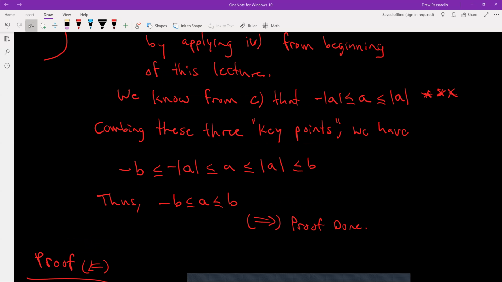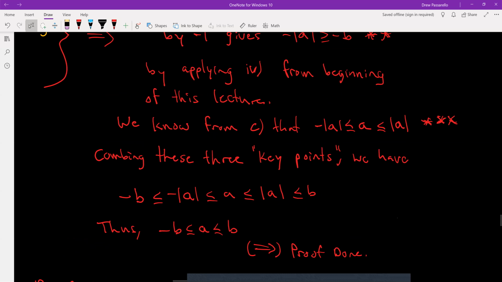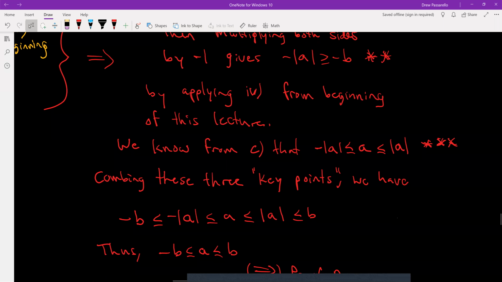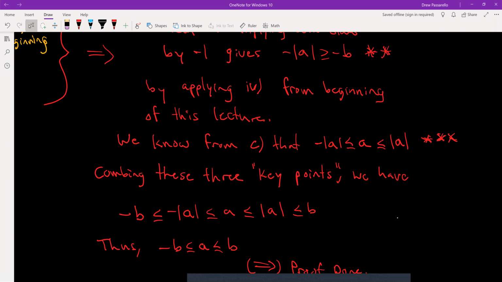We have negative B less than or equal to the negative absolute value of A, and that's from double star. And then we have negative absolute value of A less than or equal to A less than or equal to the absolute value of A. So that's from triple star.